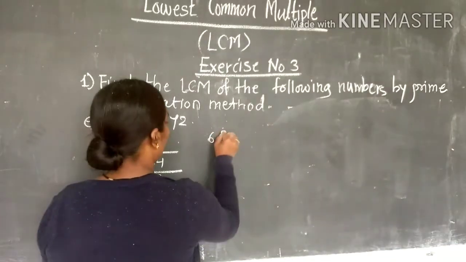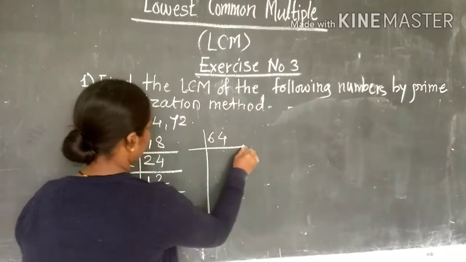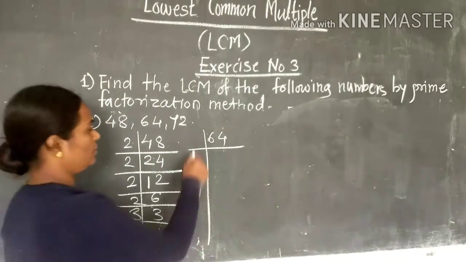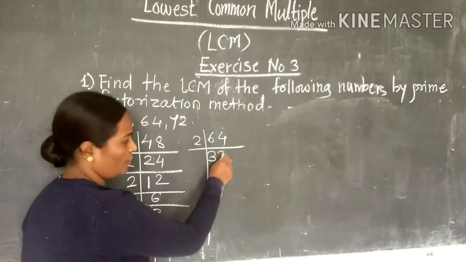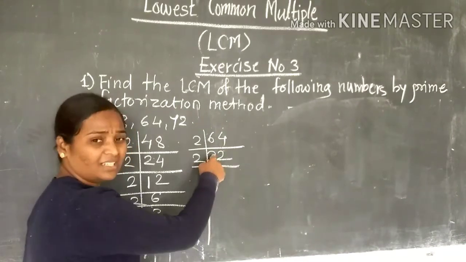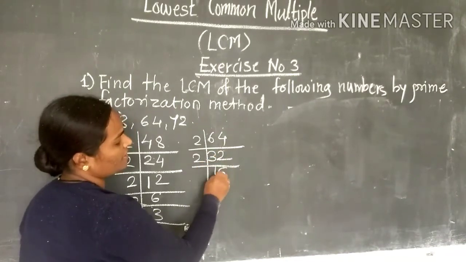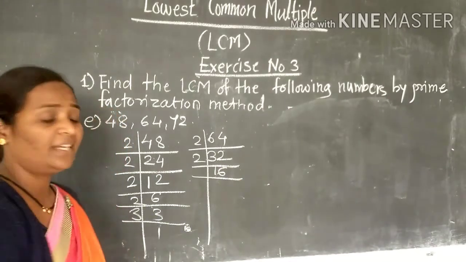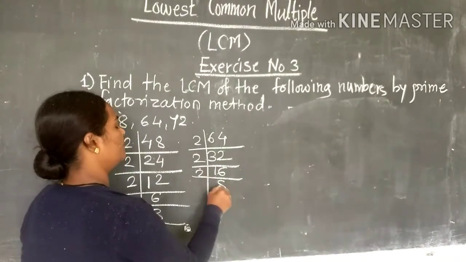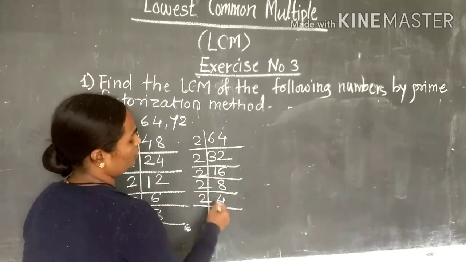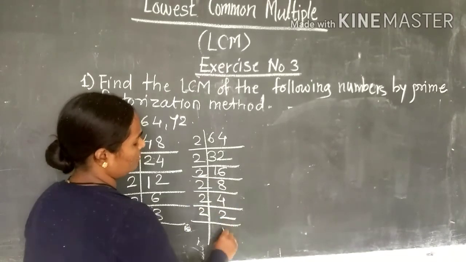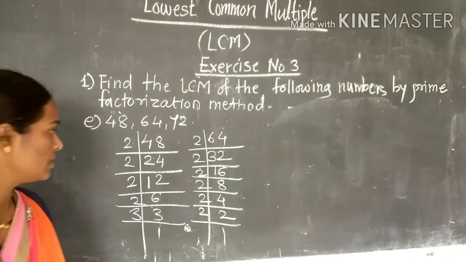For 64, 2 3s are 6, 2 2s are 4. Here 2 1s are 2 and 2 6s are 12, 2 8s are 16, 2 4s are 8, 2 2s are 4, 2 1s are 2. In this way we get this product.